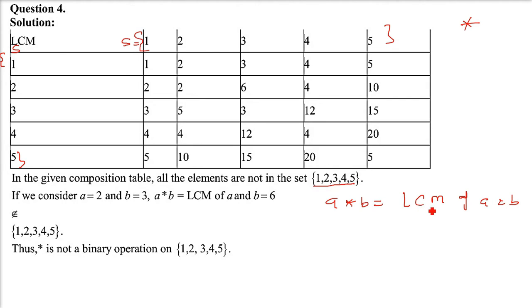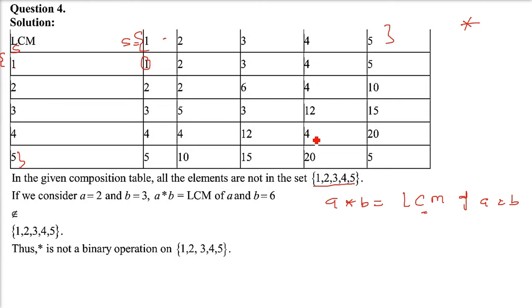LCM is the lowest common multiple. That is the value which is divisible by all the values which are making the LCM. I'm just showing you here, I'm not making the table. The same set you have to write in the column and the row. The first A you have to take from the first column, and B has to be taken from the first row.